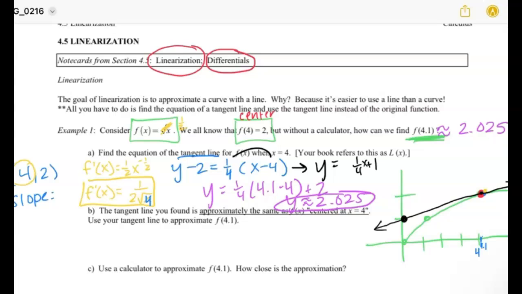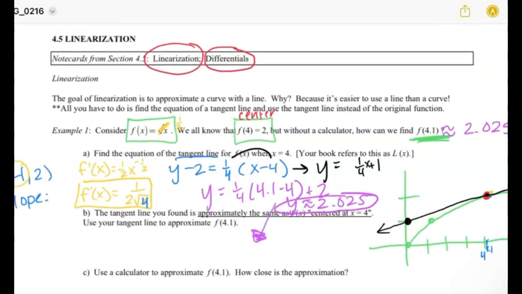Oh, actually that was all in this section. No wonder why there was not a lot of room. Let's find in part C the actual value of the square root of 4.1. If you actually take the square root of 4.1 and round it, it's 2.02484.